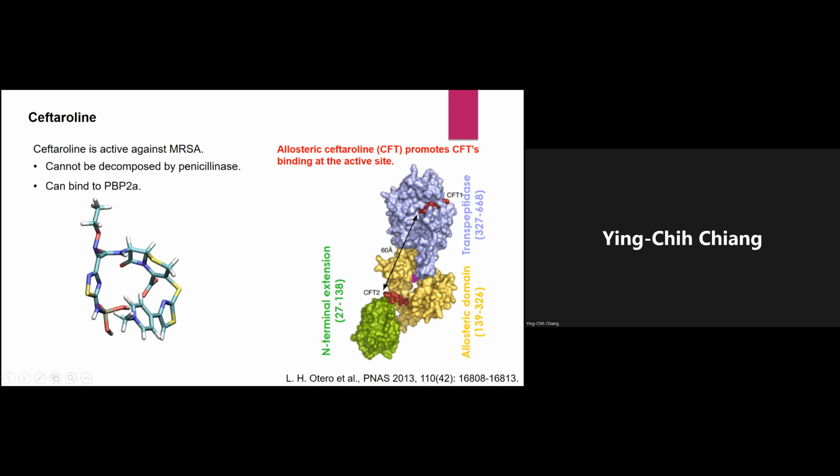So the first thing one would ask is, how does this ceftaroline bind to the allosteric site? Can we understand which residues interact with these ceftarolines through MD simulations?